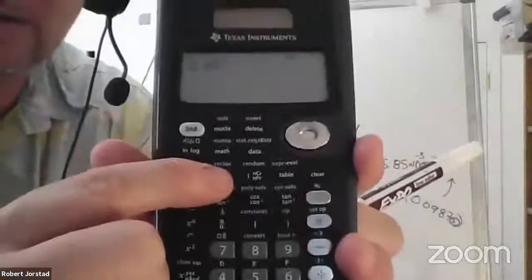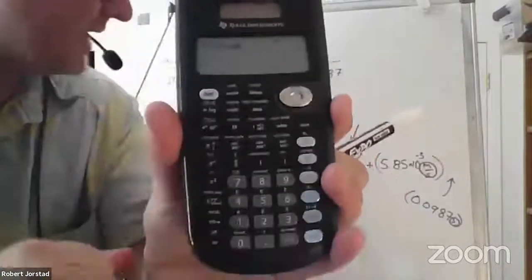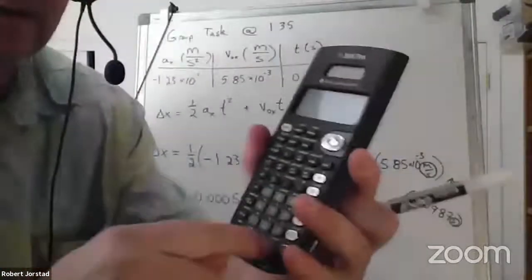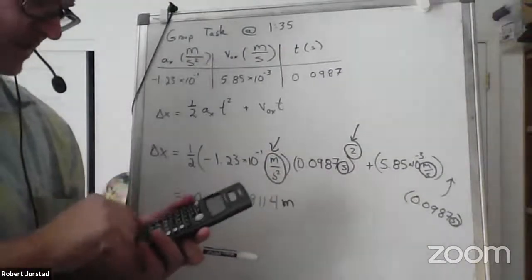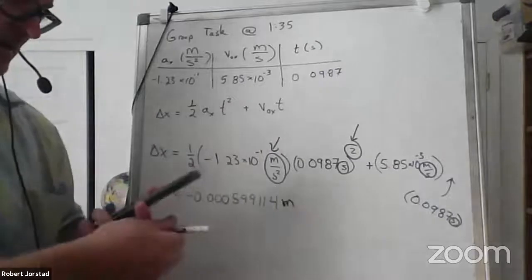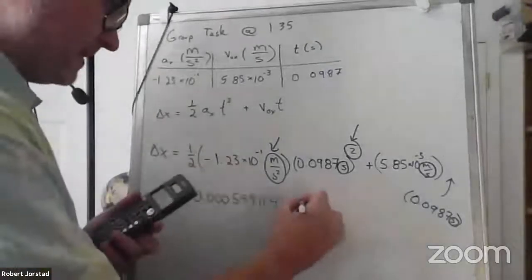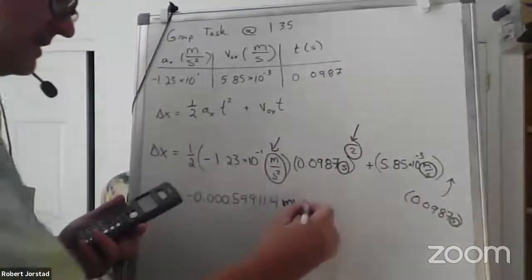I won't always be doing this, but hitting the EE button means times 10 to the -3 times 0.0987.